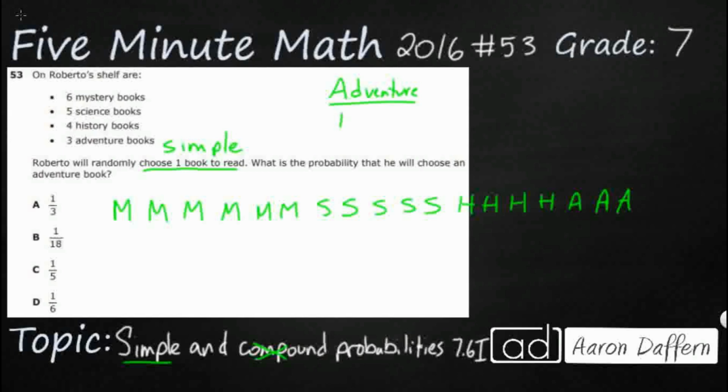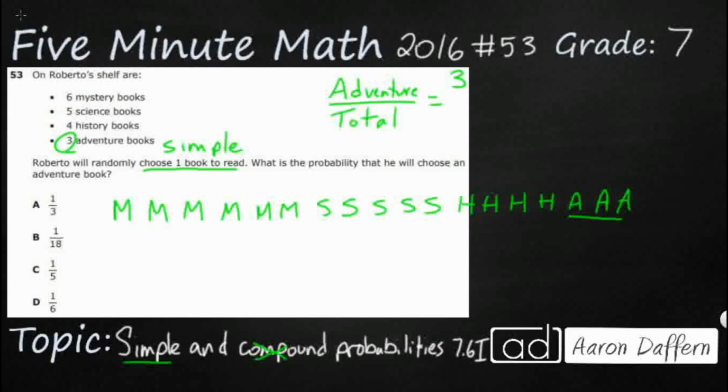And then our denominator is going to be the total number of books, because really that's what we're looking at. If he closes his eyes and picks a book at random, how many adventure books do we have? You see here, we've got 3 adventure books. They're all kind of shoved down here at the back. How many total books do we have?